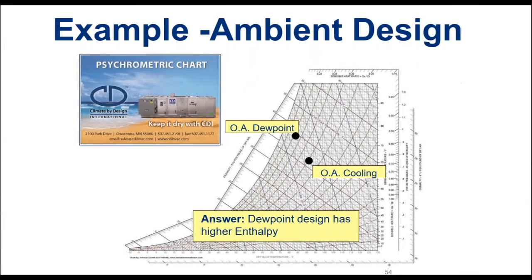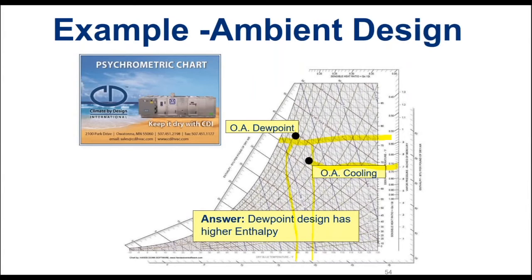Let's go ahead and plot that on our chart. Here's the 84 degrees, it's cooler, follow that up, 84, come over from the 147 grains, that's our point. And the high dry bulb condition, we follow up the dry bulb line, we come over grains of moisture, we find that second point. Why are we doing this?